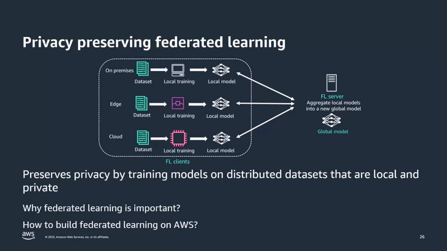Certain data cannot be moved to certain areas, and we need to train the same model in different areas with different data sets. That's the reason why we need federated learning. I'm not going to dive deep into the details since we have a specific session by Jill in the afternoon. But these are all related. Federated learning is one kind of distributed training.